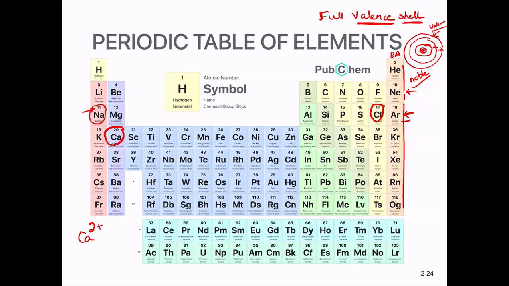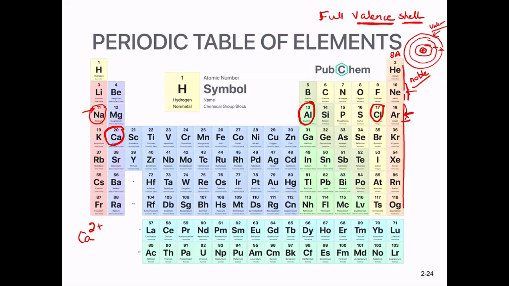Okay, let's take a look at another example. Let's take a look at something like aluminum right here. Okay, what do you think aluminum would like to do? Let's see, aluminum has 13 electrons. The 2 noble gases that are closest to aluminum are neon with 10 electrons and argon with 18 electrons. It's much easier for aluminum to lose 3 electrons and have 10 and a full valence shell like neon.